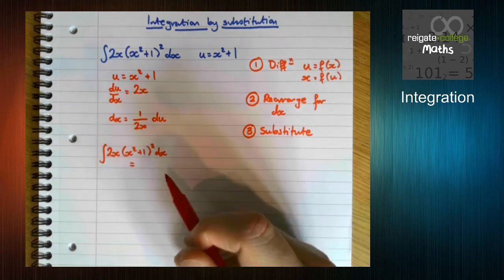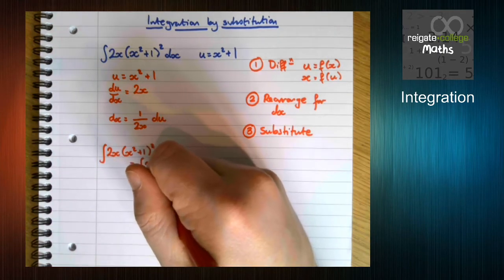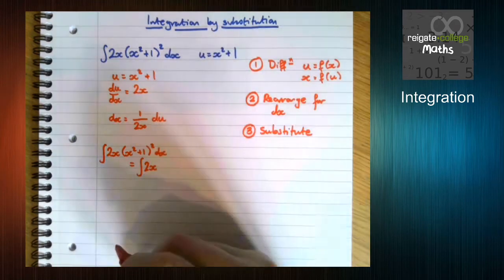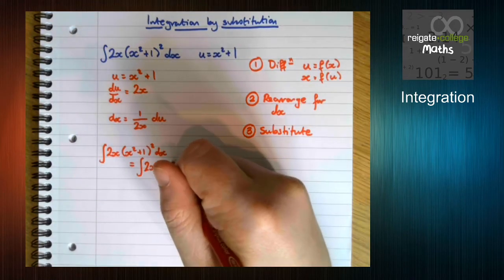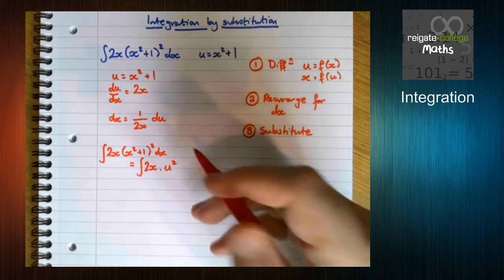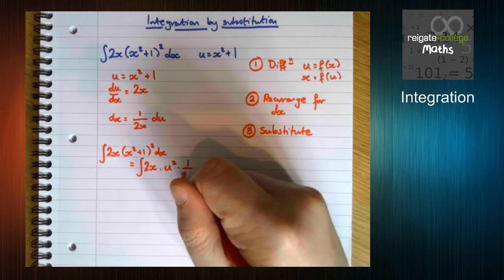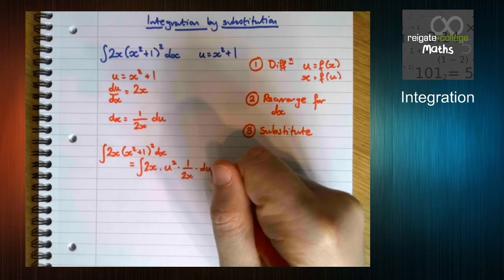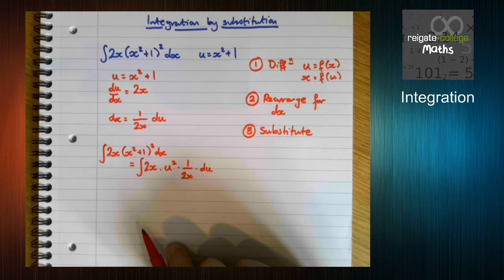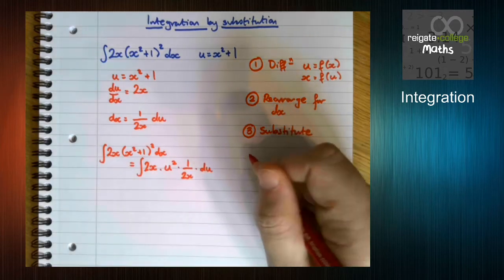So 2x, can't do anything with that, so let's just keep that there for now. X squared plus 1, that's u. dx is 1 over 2x times du. So substitute.